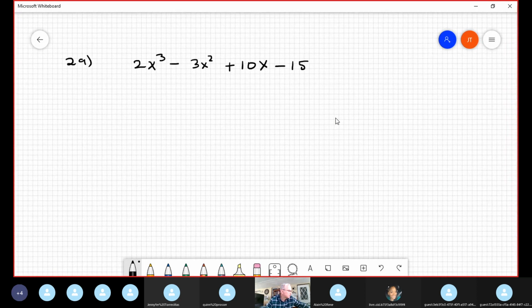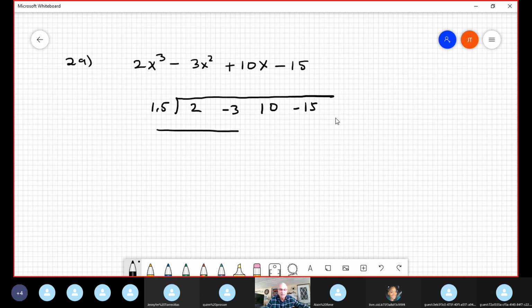Look. Okay, this is the format for the synthetic division. Coefficients are 2, -3, 10, and -15. And the factor that we investigate is 1.5. 1.5, I can see in the graphic is positive. Therefore, the factor is negative: x minus 1.5.